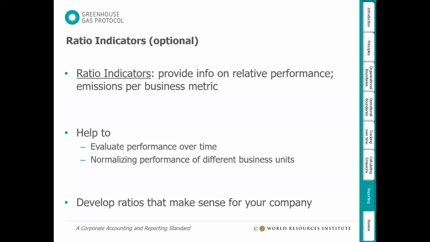One important point here is that it is important to use metrics that make sense given your company's context. And I think it's important to recognize that the inherent diversity of businesses and the different circumstances of different companies means that indicators have to be used with some care.